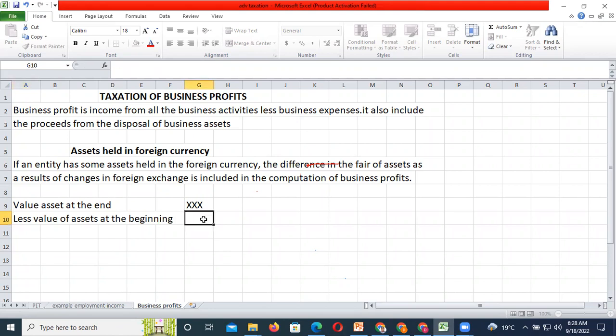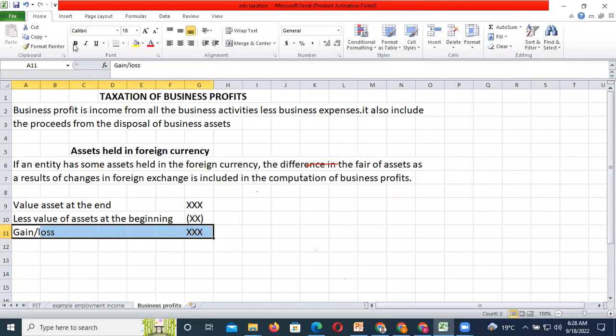In that case, that difference can either be a gain or maybe a loss. So that difference, you are going to consider it when you are computing the business profit. So look at the value of the asset at the beginning and the value of the asset at the end. Then as a result of the foreign exchange, that difference is considered in the computation.